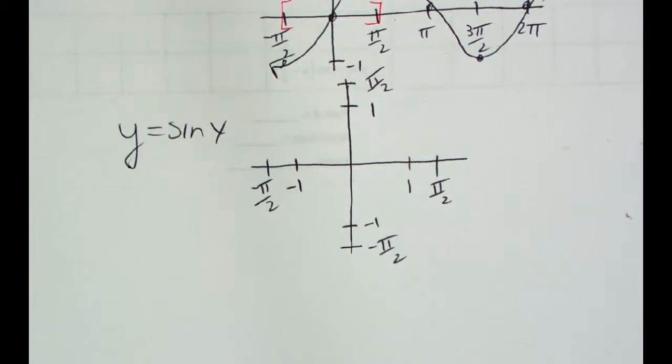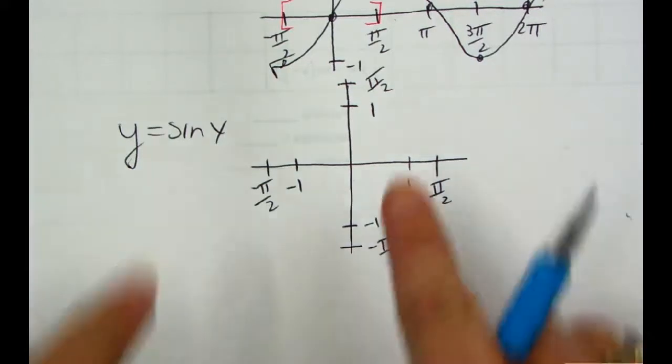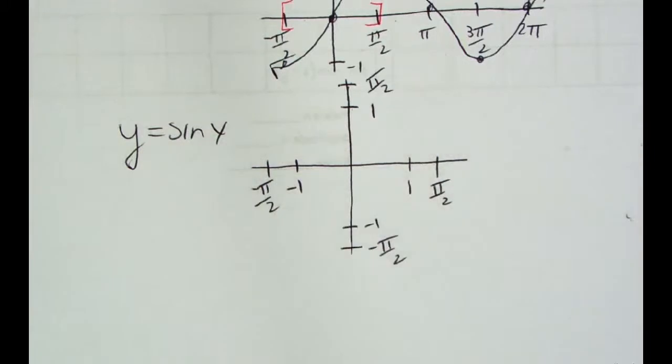So I need 1s and I need pi over 2s, and I have to know the location of 1. It's not halfway in between. Halfway in between is like 0.75. So let's see. I will do one color for sine and another color for the inverse.